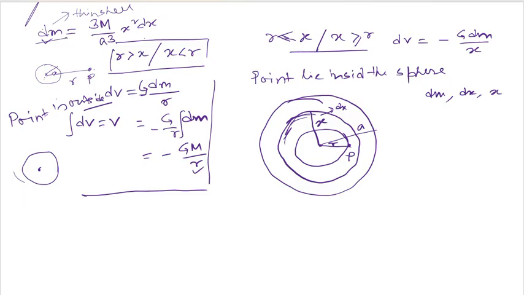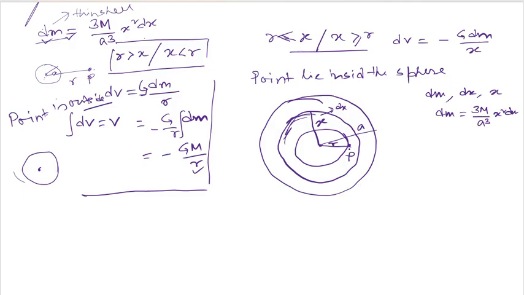Then we can come up with the same formula, dm equal to 3M by a cubed, x squared dx. That is fine. Let's concentrate now.